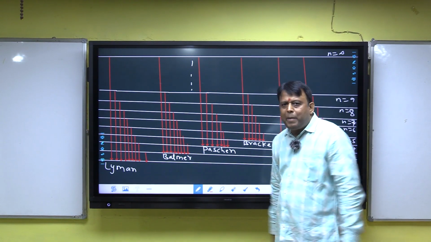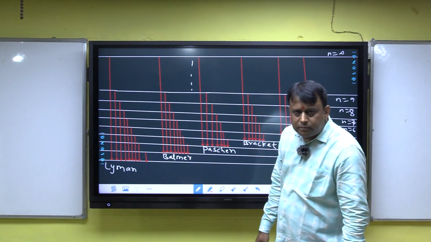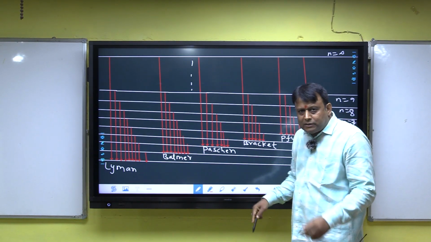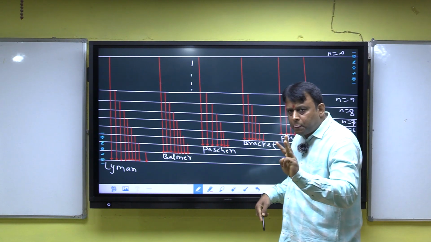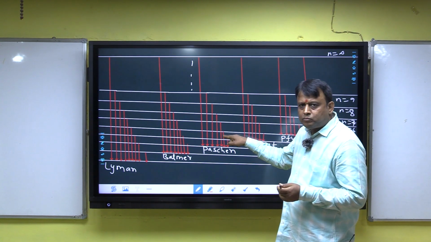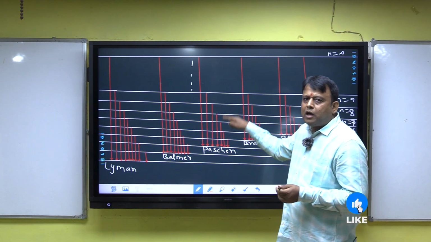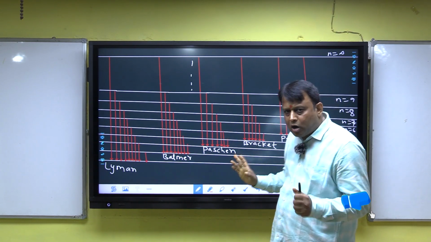And in case of Paschen, fourth line of Paschen series, n1 is fixed at 3: first line from the fourth orbit, second line from the fifth orbit, third line from the sixth orbit, and fourth line comes from the seventh orbit.